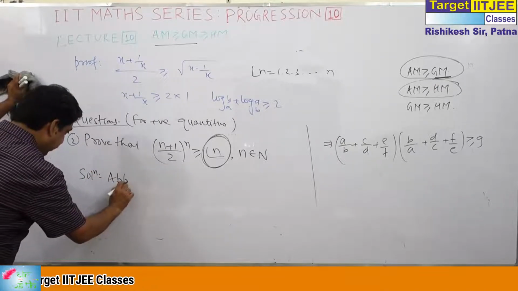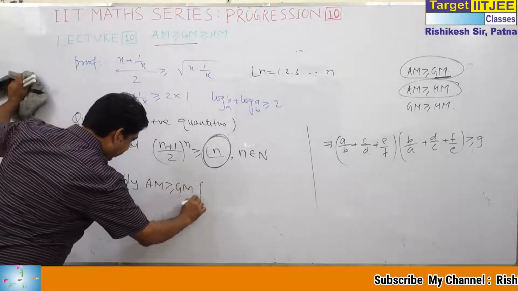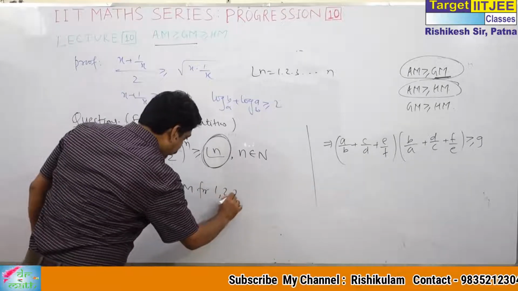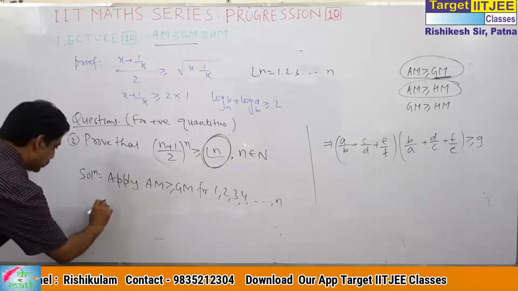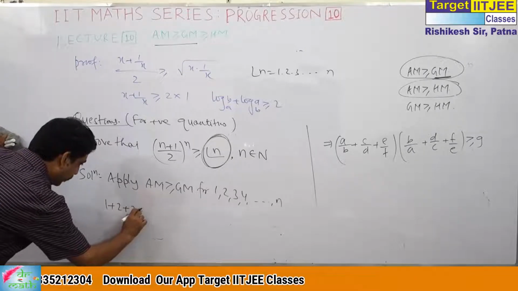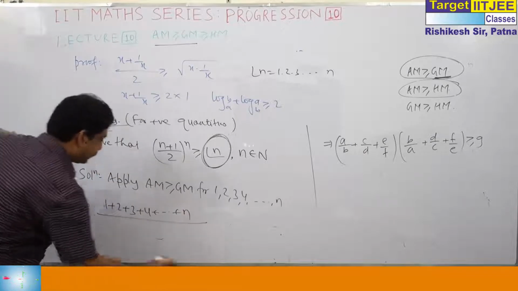Apply AM greater than or equal to GM for 1, 2, 3, 4 up to n. What do you get? 1 plus 2 plus 3 plus 4 up to n divided by what?